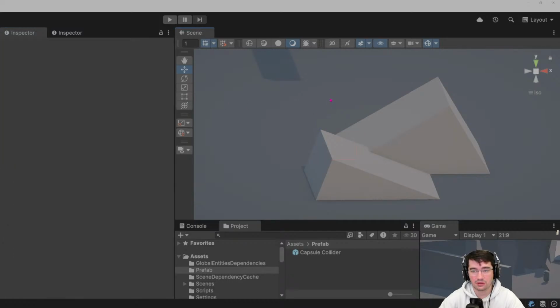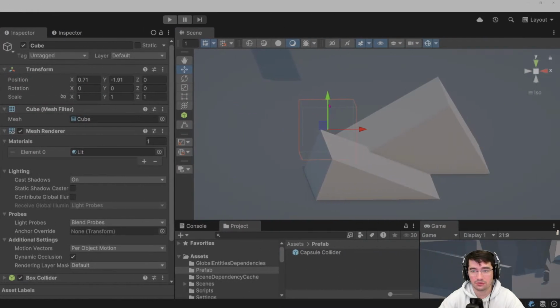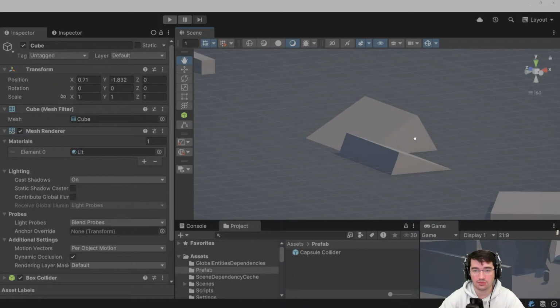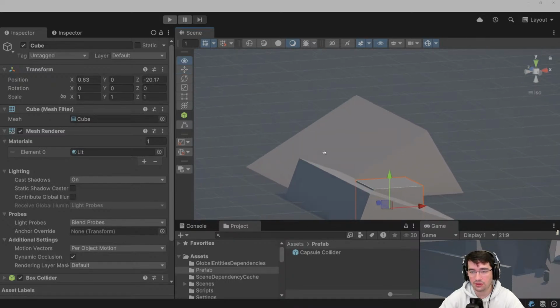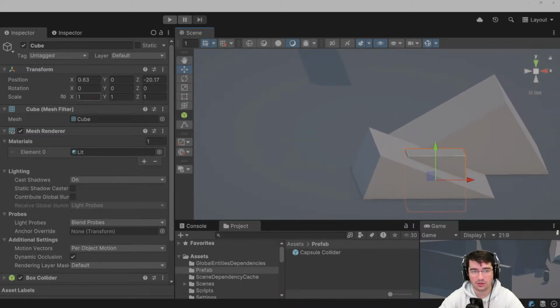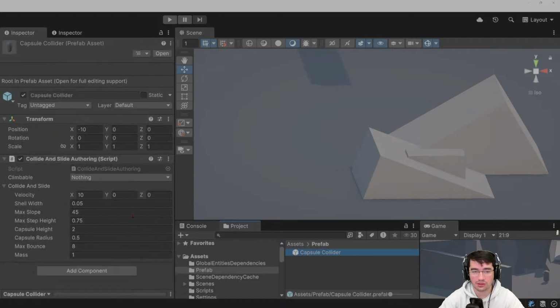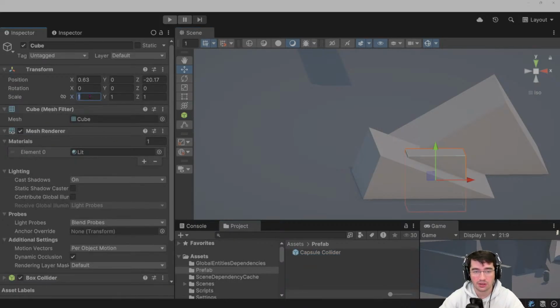Okay, and where are you? Where are you? I need you here. And I need you, so if the character can step 0.75, I need you at 0.74. Okay.